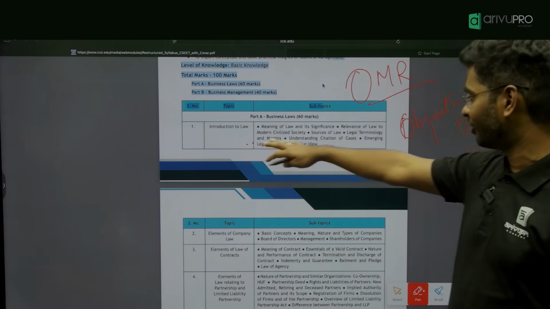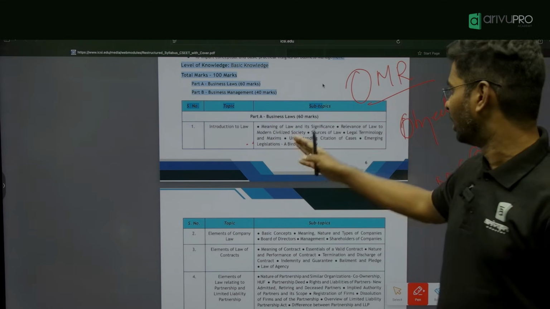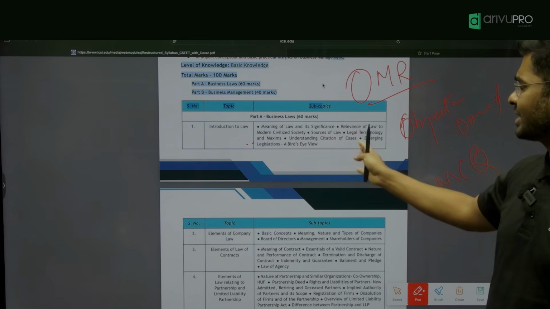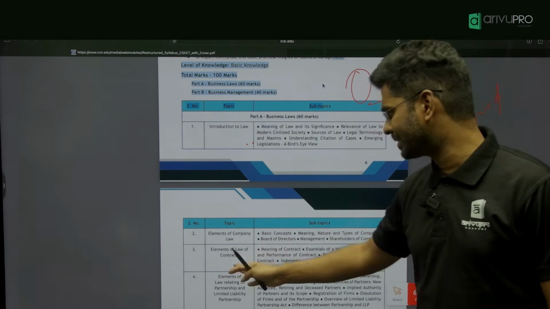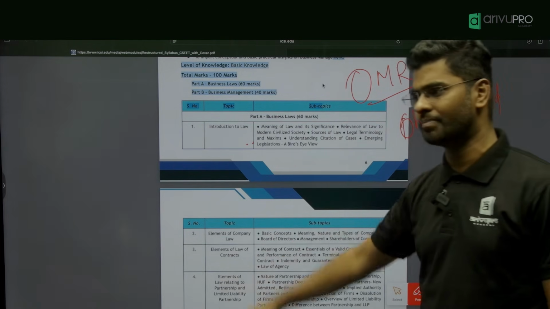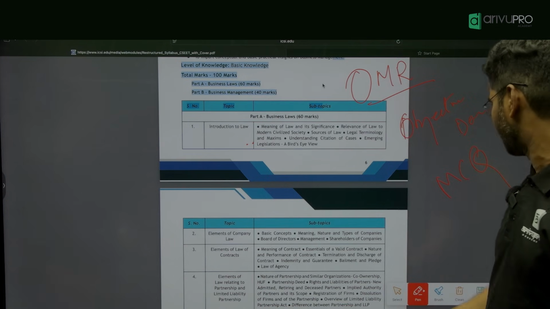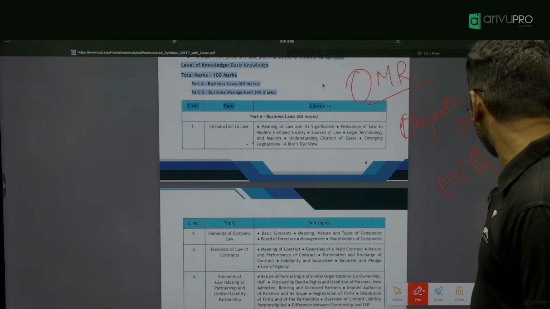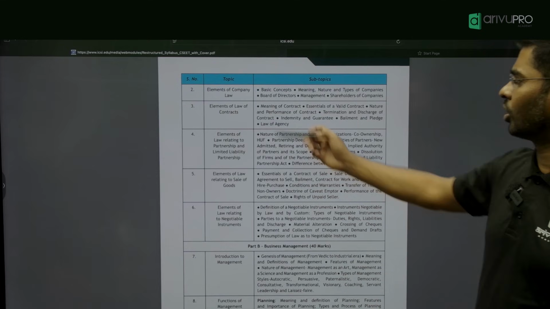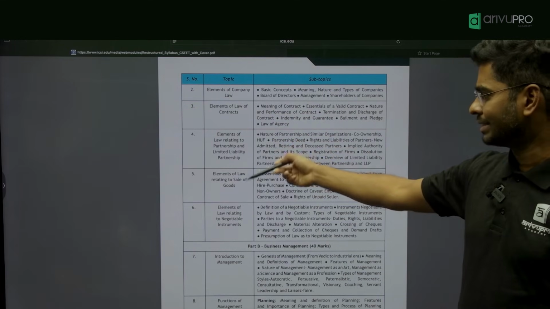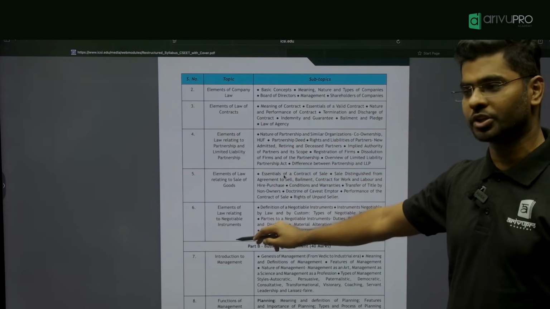Introduction to your law. Here you are going to be learning about different relevance of Indian laws, understanding the cases. Next comes your introduction to company law. Company secretary is a core part of it. Then you do have your contract act, partnership, sale of goods, and your negotiable instrument.